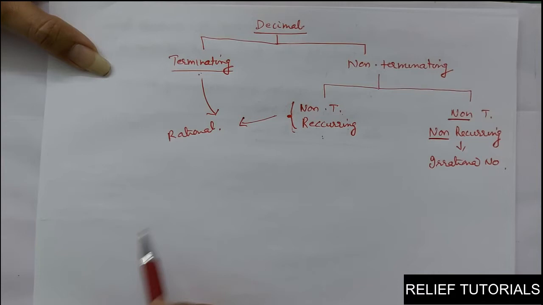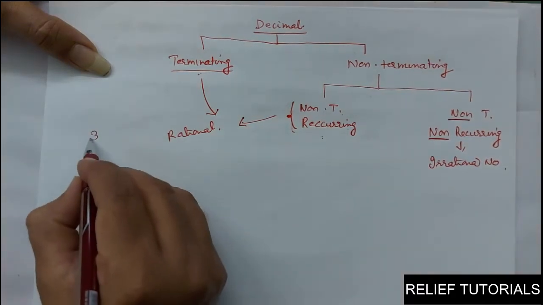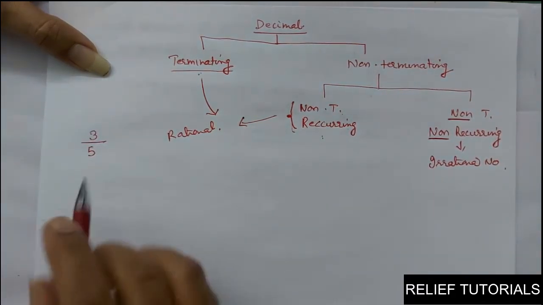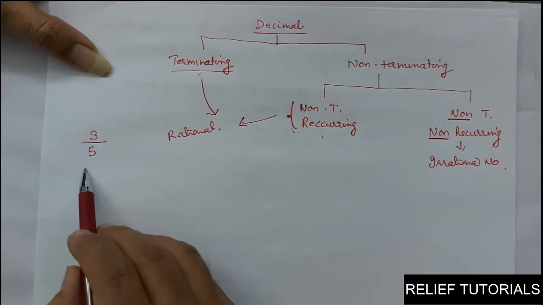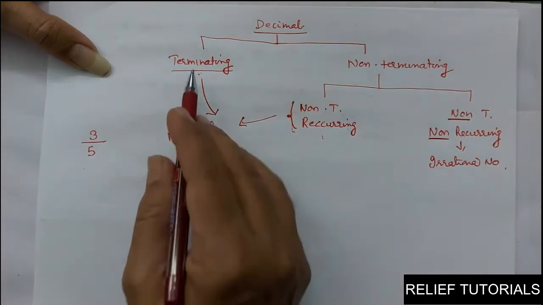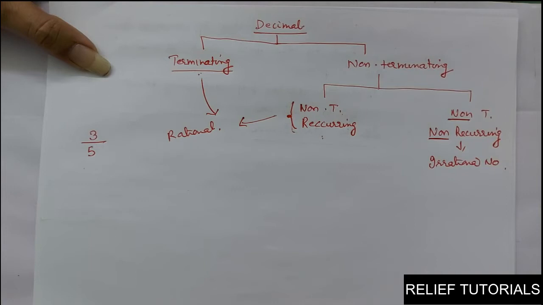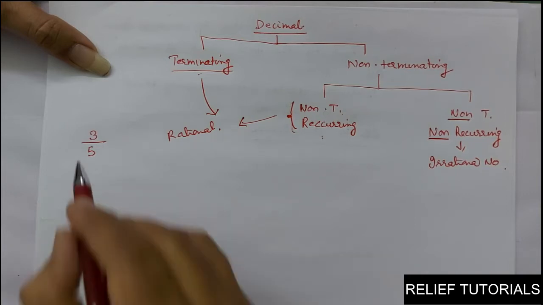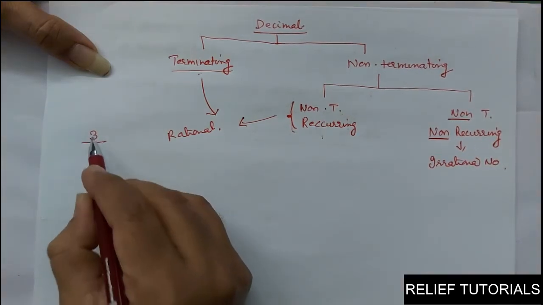Now, rational number means if I express any number here, 3 by 5, then by mere observation you can say it is written in the form p by q, so it is a rational number.